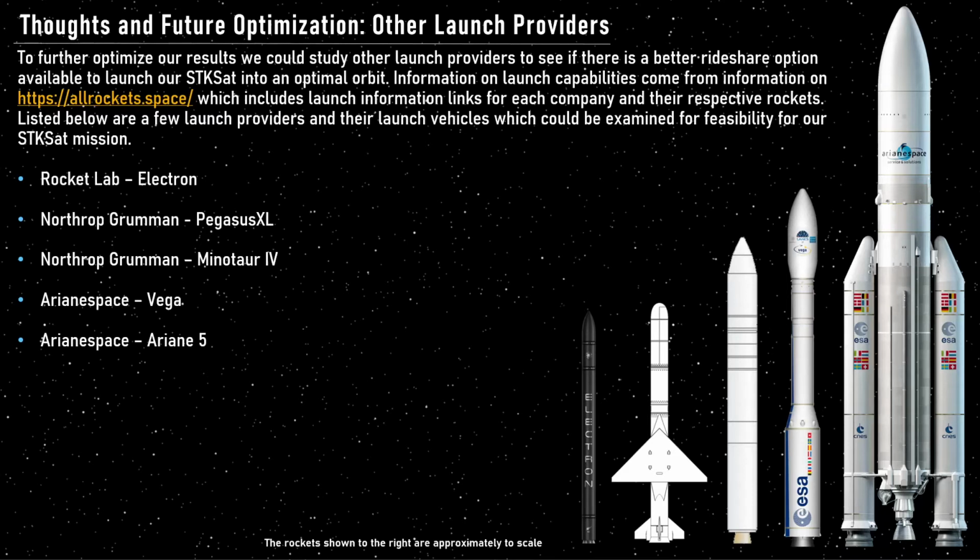These launch providers and launch vehicles include, but are not limited to, Rocket Lab and their Electron rocket, which has been optimized for small satellite payloads, Northrop Grumman's Pegasus XL rocket, which is launched from below a jet aircraft, Northrop Grumman's Minotaur 4 with its solid rocket booster first stage, the Arianespace Vega rocket, which is made for small payloads, and even the Ariane 5.